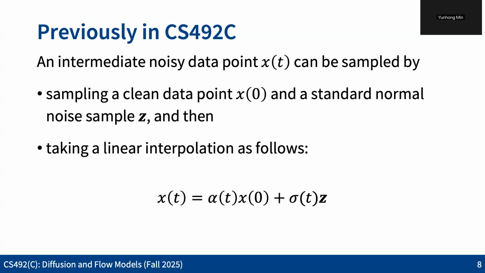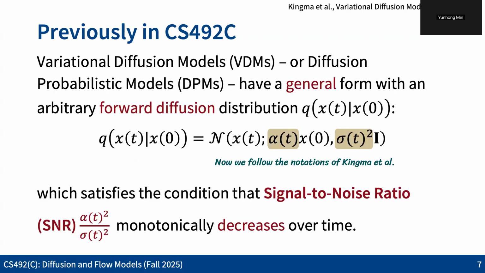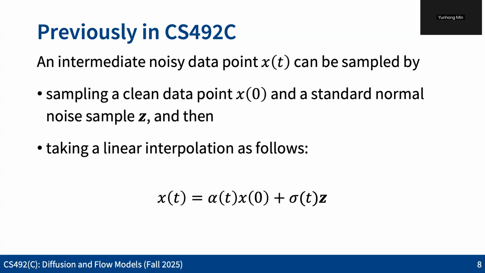This is exactly aligned with our definition of the forward distribution, right? So when you define the forward distribution in this Gaussian form, the sampling of xt basically becomes that we take any x0, then take the standard Gaussian sample, multiply those coefficients and take the sum of them, right? So please remember this. We are going to see this in the next lecture as well.